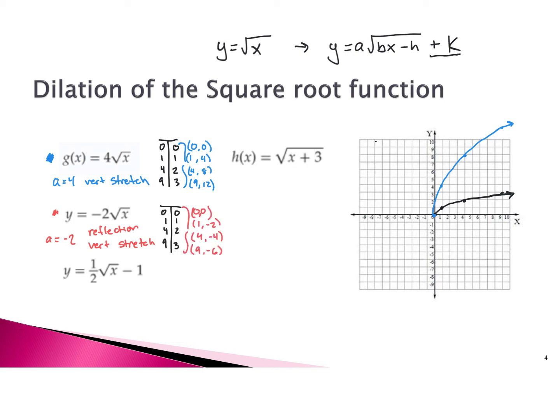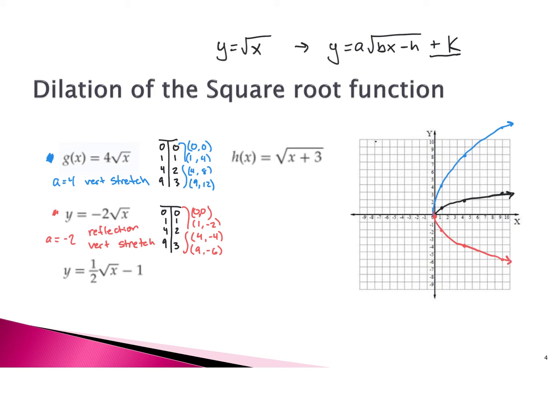And here's my new set of tables. Again, I multiplied only my y values by A. And then when I go to graph it over here, notice how it just flips over the x-axis and stretches a little. Not as much as my blue graph, but still a vertical stretch.